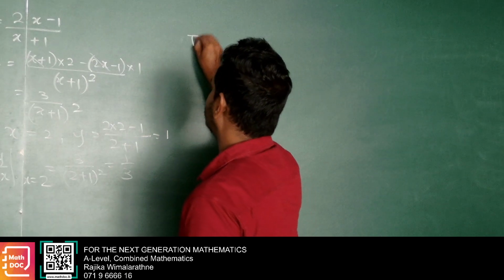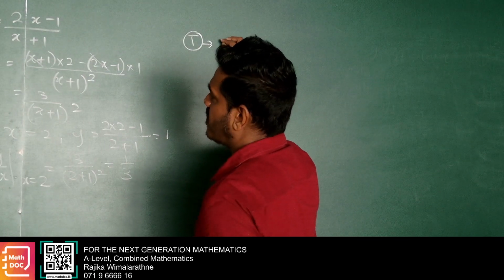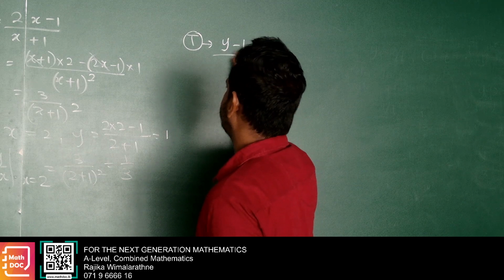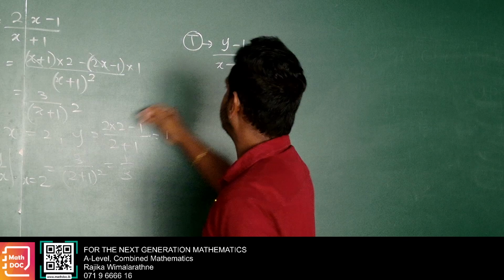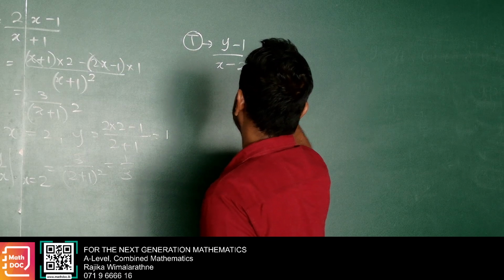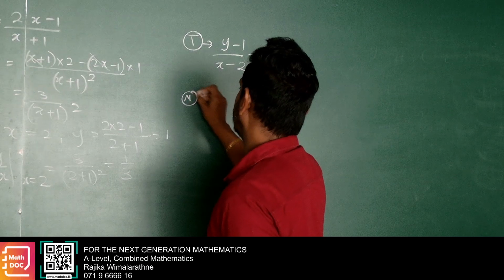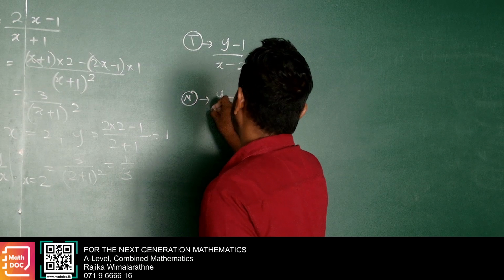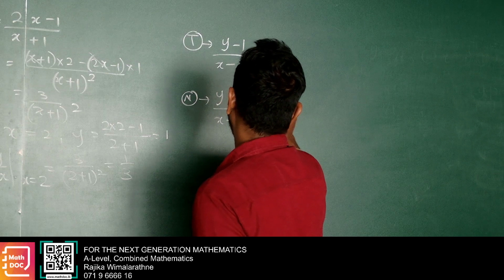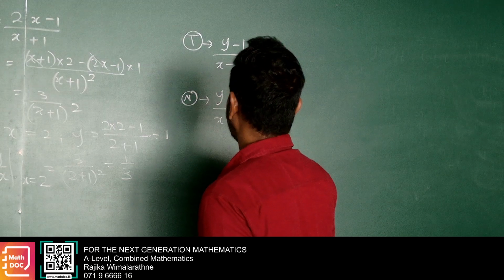Tangent: y minus the y coordinate 1, x minus the x coordinate 2, gradient of the tangent 1/3. Simplify. Normal: y minus 1, x minus 2, and take the reciprocal and reverse the sign. Normal equation.